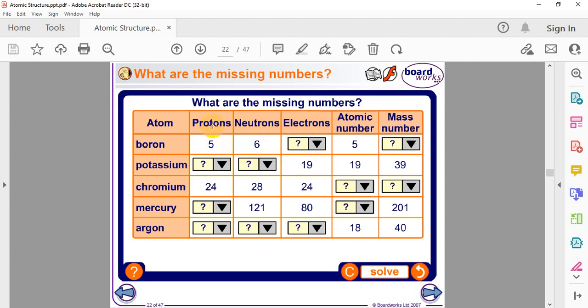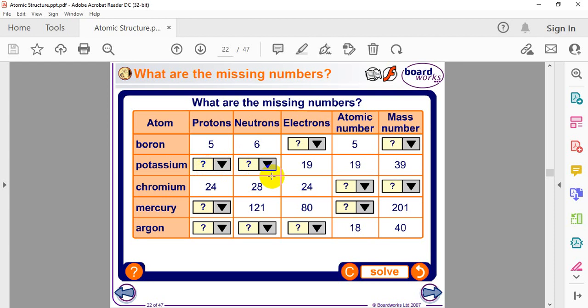When we say atomic number, it's another name for proton number. So the atomic number will be 5, the same as the proton number. So mass number is what? The sum of the protons and neutrons in the nucleus of the atom. So 5 plus 6 gives us what? 11.